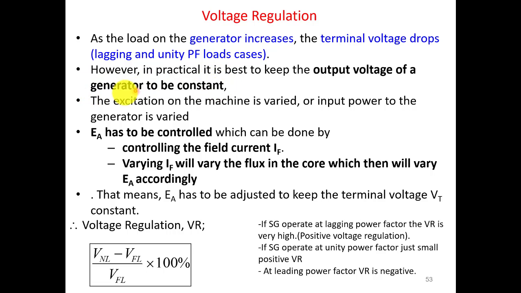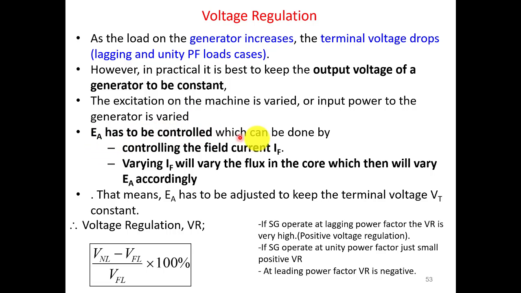Although that is maintained constant by different transformers and the grids, still at the generation point we also want to keep that voltage constant, because a change in the voltage at the generation point will also be reflected in the distribution. So the excitation on the machine is varied, or the input power to the generator is varied.